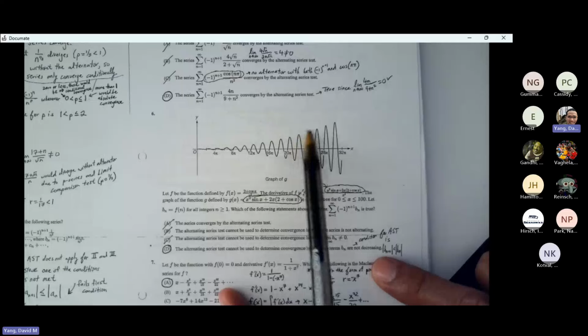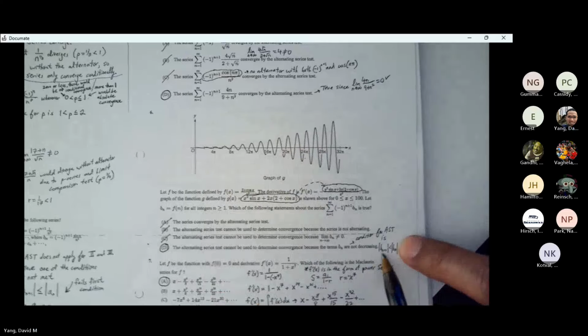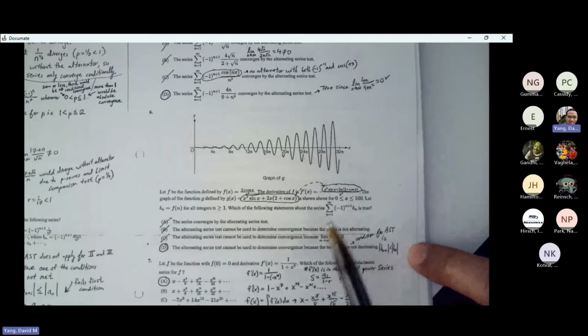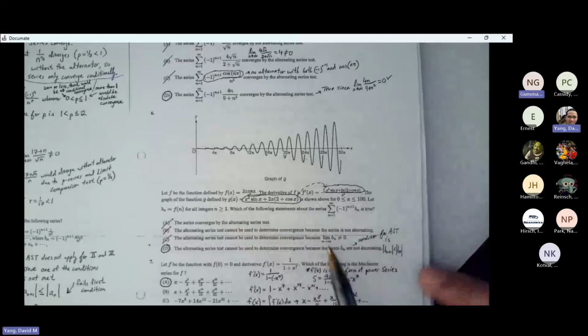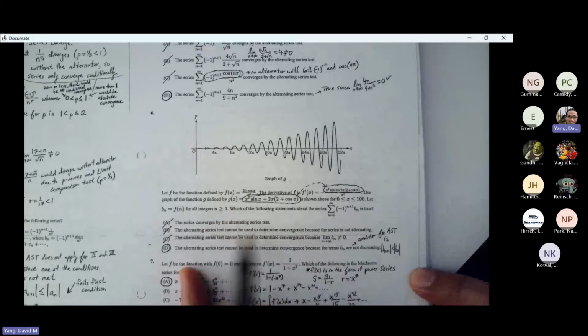And the component of positive and negative slope is going to make it where I can't guarantee that every single b sub n plus 1 is going to be greater than b sub n. If there's even one instance where my subsequent term is not smaller than my previous term, then AST breaks down.